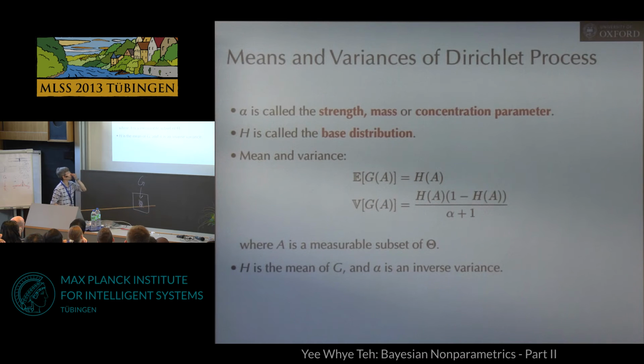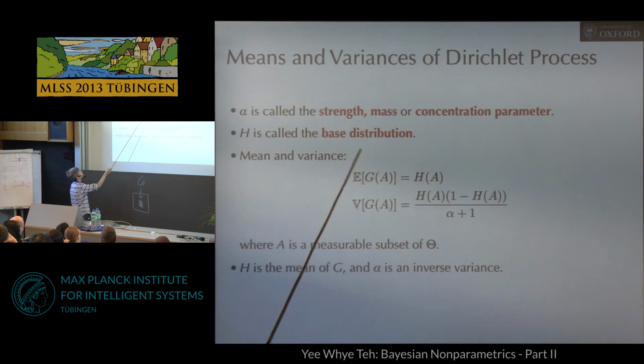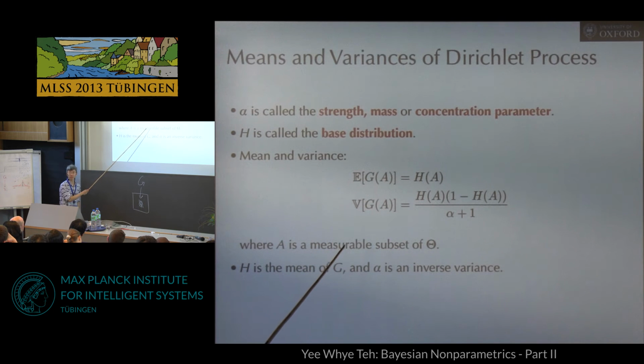I'd like to give names to these two parameters of the Dirichlet process. Alpha here is often called the strength parameter, or the mass, or the concentration parameter. And H is often called the base distribution. Since G(A) is beta distributed, you can immediately write down the mean and the variance of this random variable.